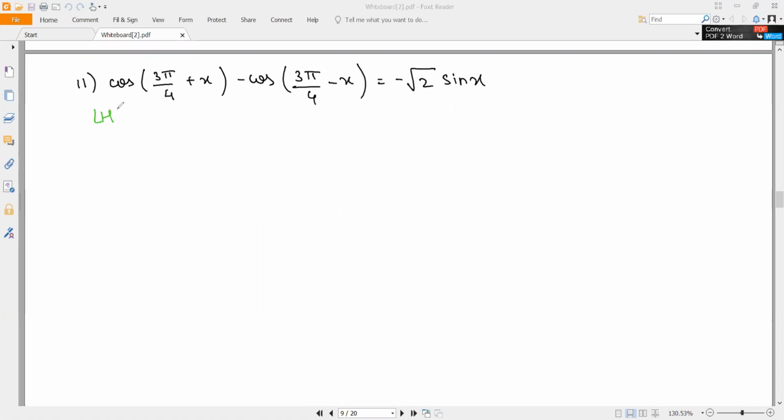So your LHS is equal to cos of 3 pi by 4 plus x minus cos of 3 pi by 4 minus x. Now what can be done over here? Hold on, I forgot to write the cos function. Without cos, 3 pi by 4 has no meaning, it is just a variable. With cos it becomes an angle.